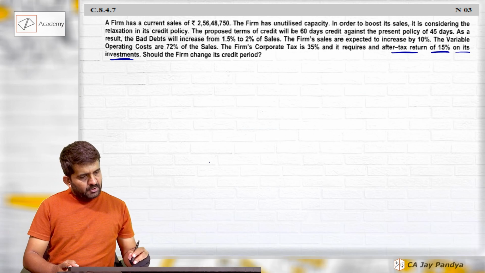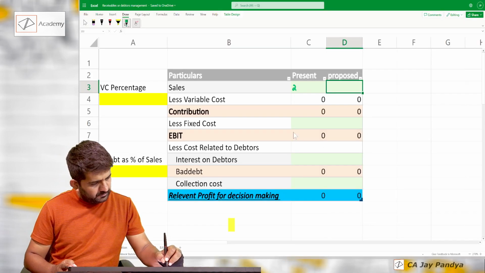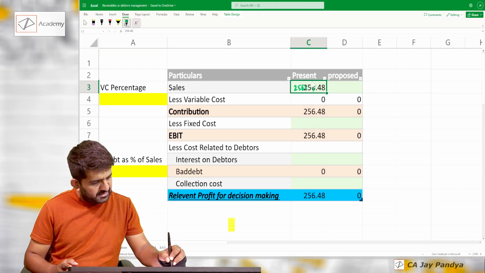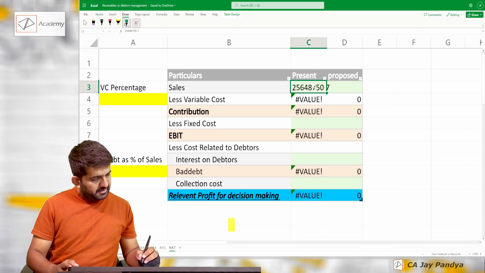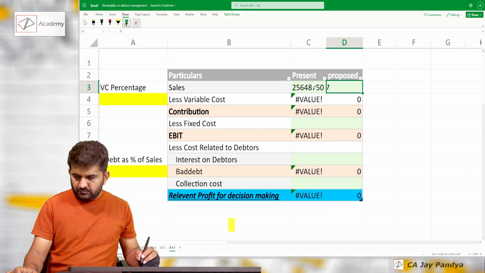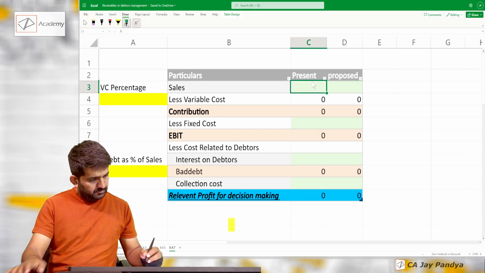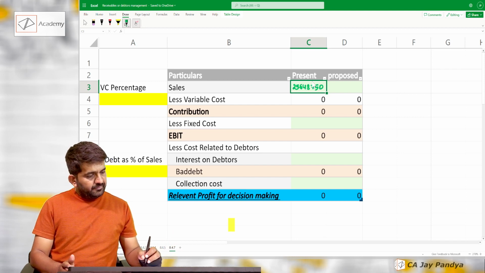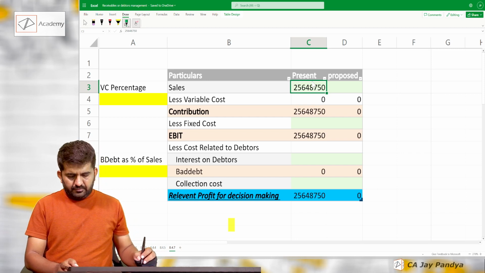My sales is 2 crore 56 lakh 48,750. All right.